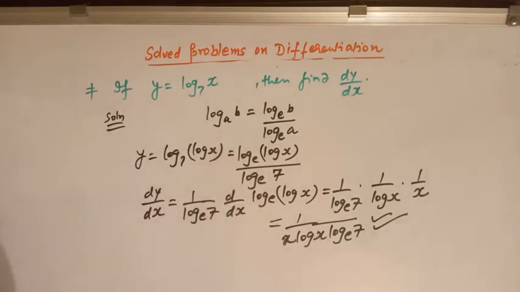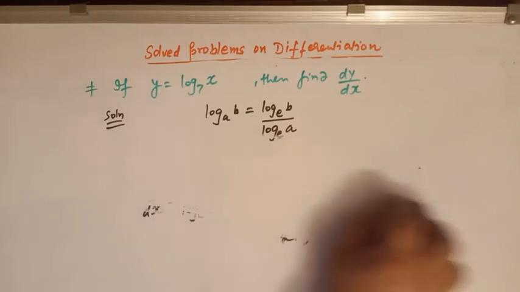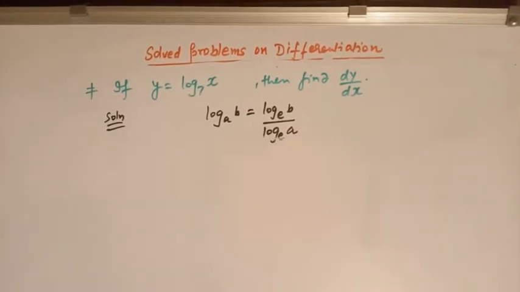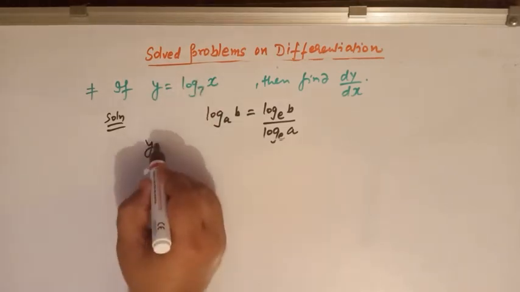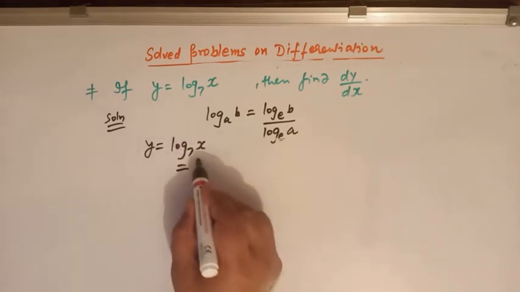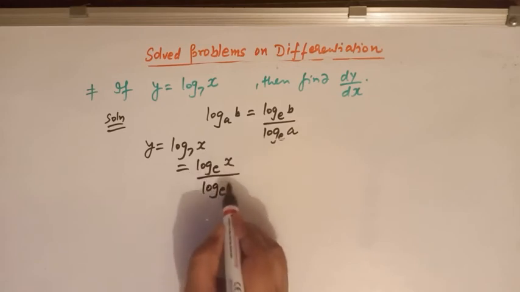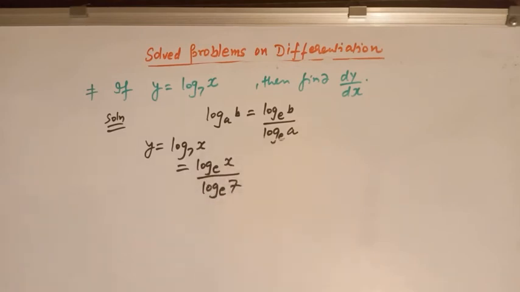Then again we apply the same formula, log a of b, and we write this function log base 7 of x as log e of x over log e of 7. Clear?